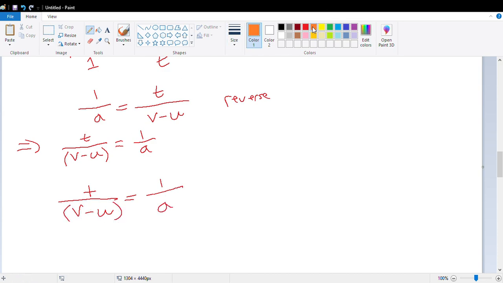To move this to the other side, I need to multiply by v minus u on the top. When I multiply by v minus u on the top, I've got v minus u on the top and v minus u on the bottom, so it cancels out. But because I multiplied by v minus u on the left, I must multiply by v minus u on the right.